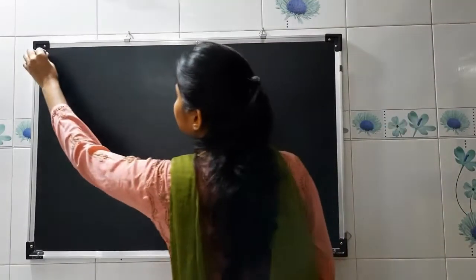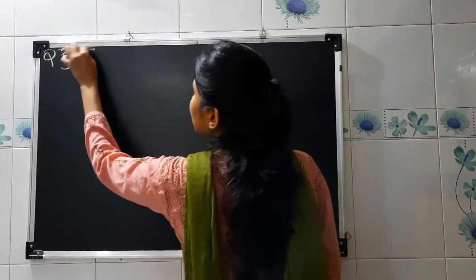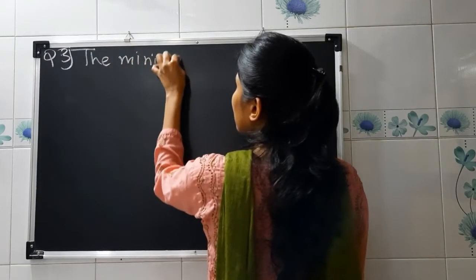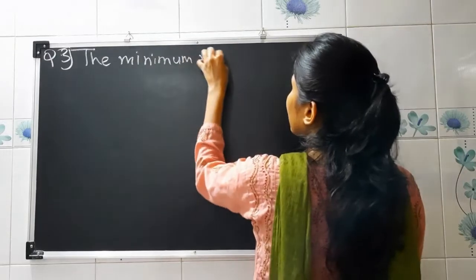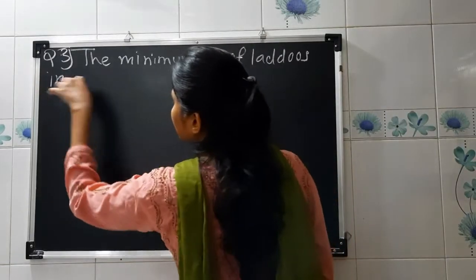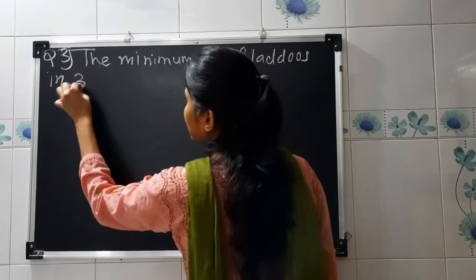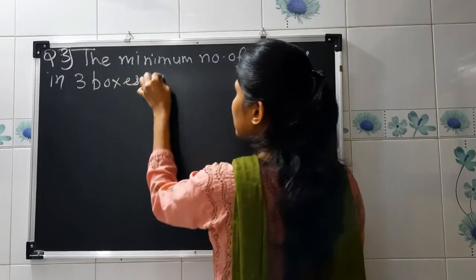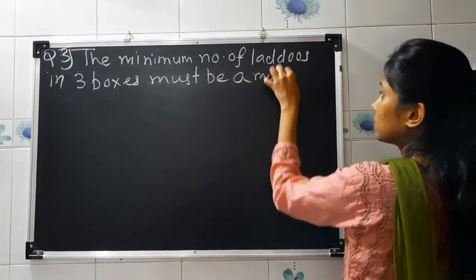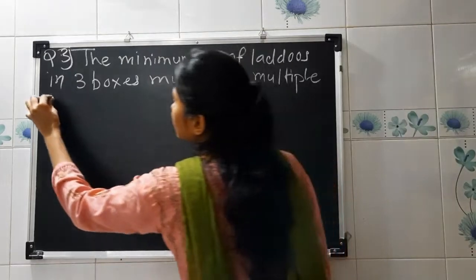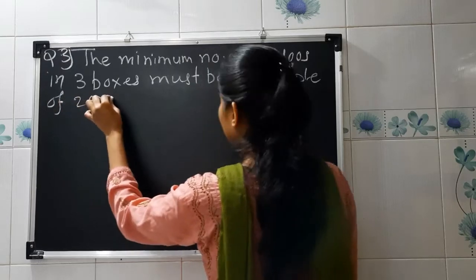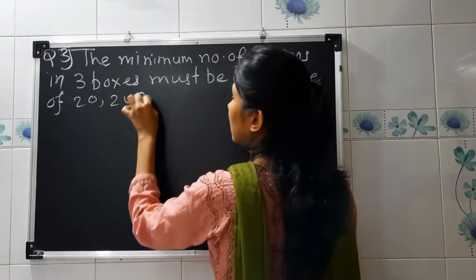Okay, so first we need to find the minimum number of laddus. The minimum number of laddus in 3 boxes must be a multiple of 20, 24 and 12.